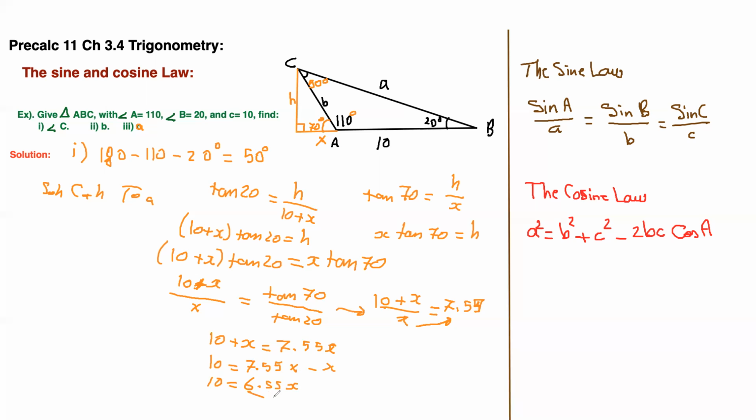Divide both sides by 6.55, and therefore x equals, divide, 1.53.